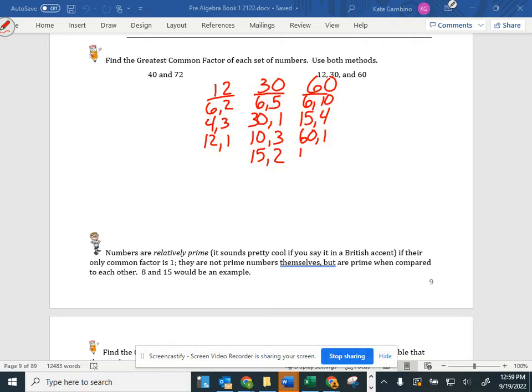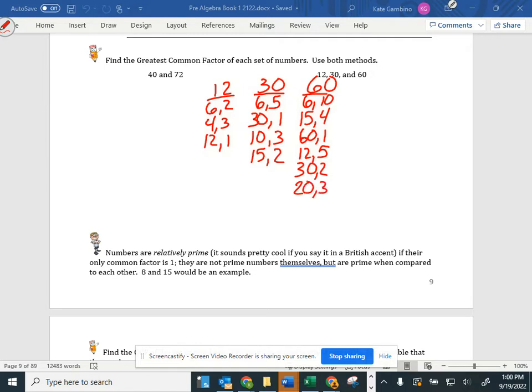Evan, 12 and 5. Ben, 30 and 2. Tegan, 20 and 3.